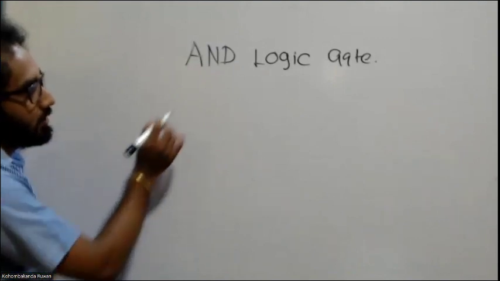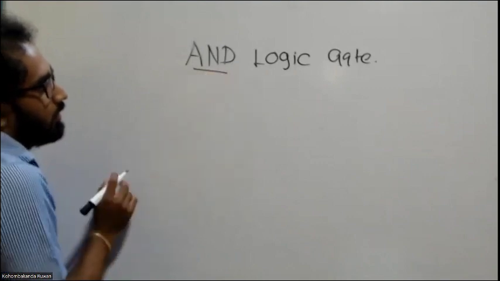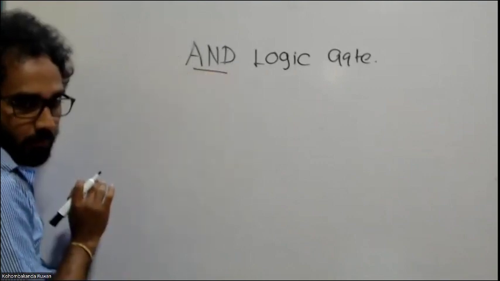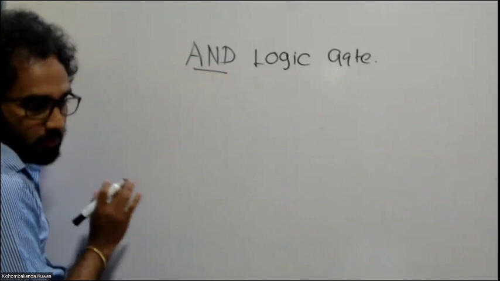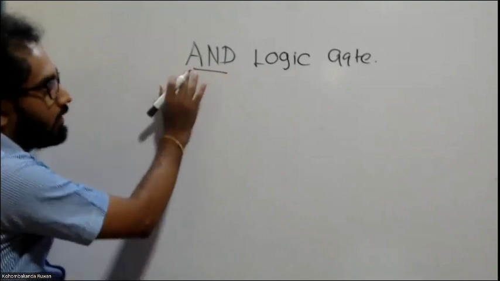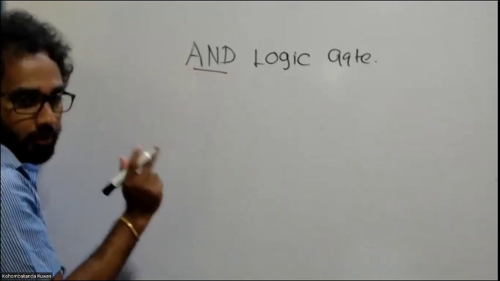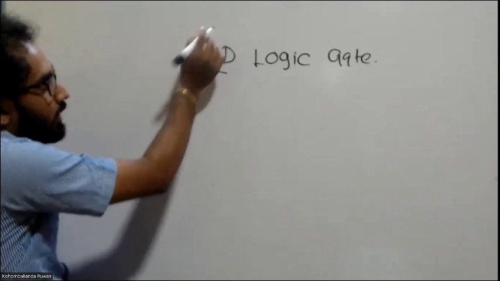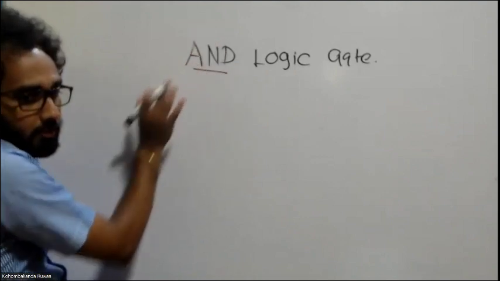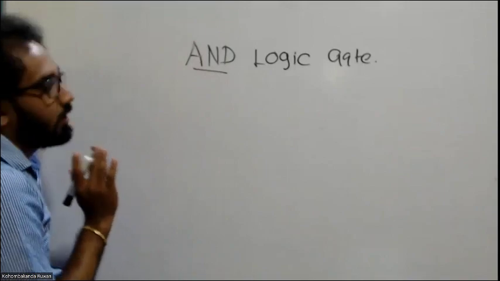Capital letters, right? Just remember that. That means we write all logic gates in capital letters. When you're writing AND, OR, and NOT, remember to write using capital letters, uppercase letters, right?